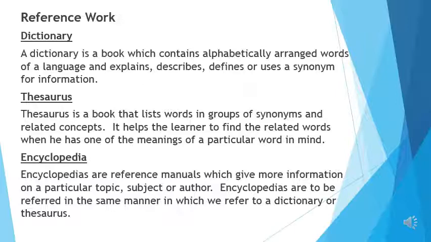And the next reference work is the encyclopedia. Encyclopedias are reference manuals which give more information on a particular topic, subject, or author. And encyclopedias are to be referred to in the same manner in which we refer to a dictionary and thesaurus. There are two types of encyclopedia, namely general and specialized.